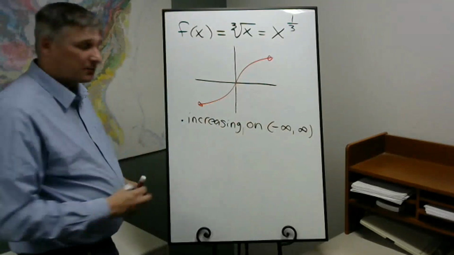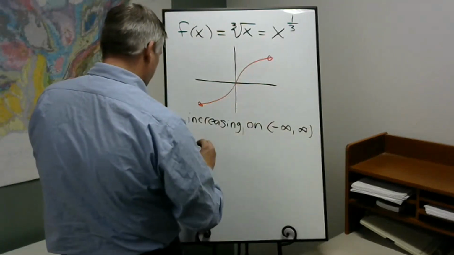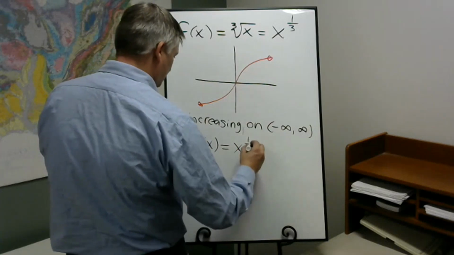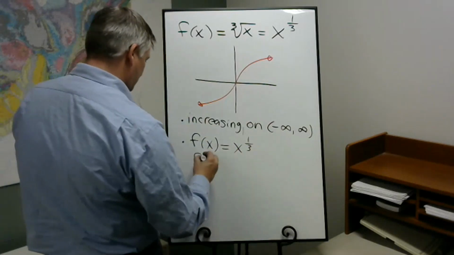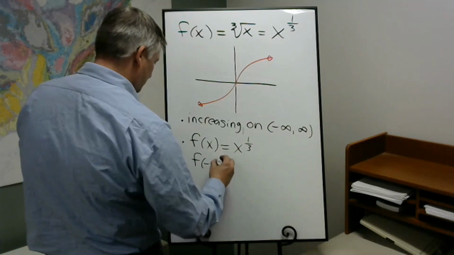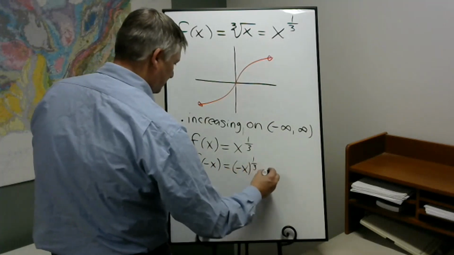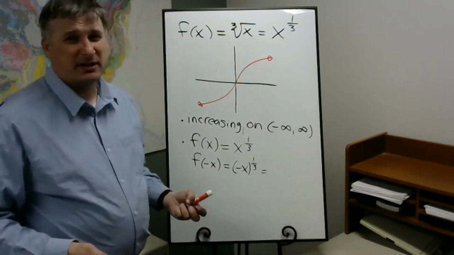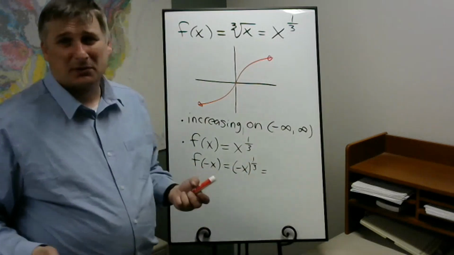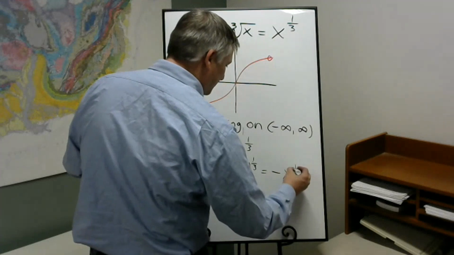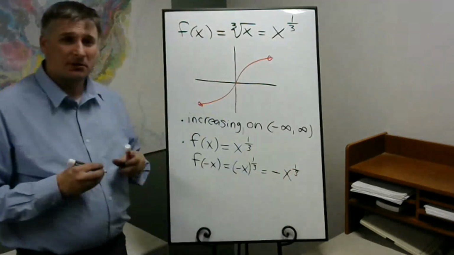And as far as symmetry goes, when you take the cube root of a negative number, your answer is still going to be negative. So the negative just pops out, and then we just have to figure out x to the 1/3.